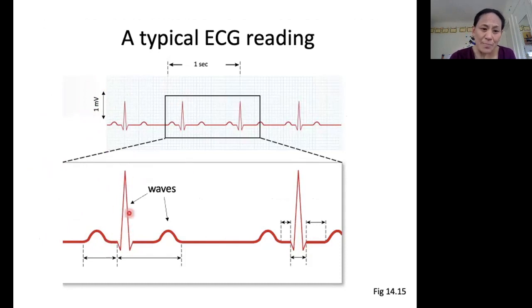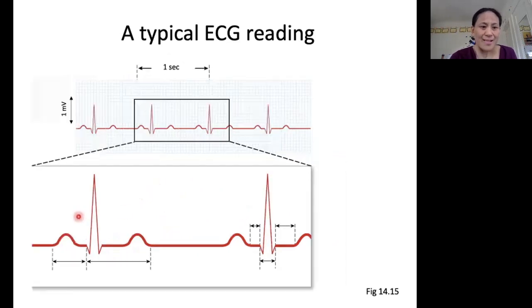The deviations from the baseline voltage we refer to as waves, and the areas of baseline voltage in between the waves we refer to as segments. We have a very stereotypical set of waves that we see with our ECG recording. Let's take a look at those.